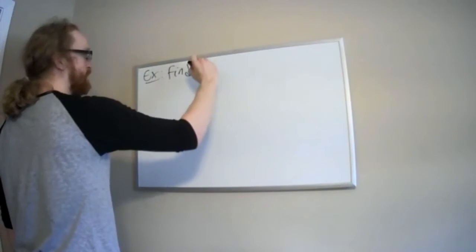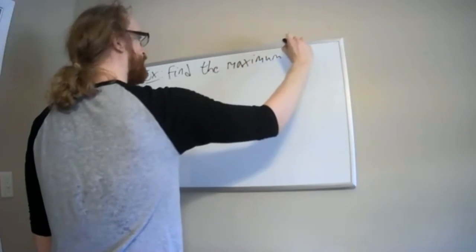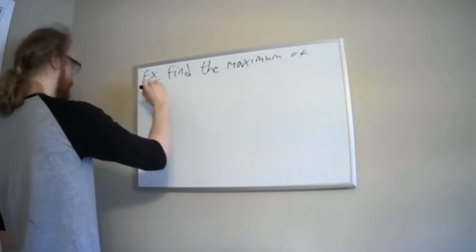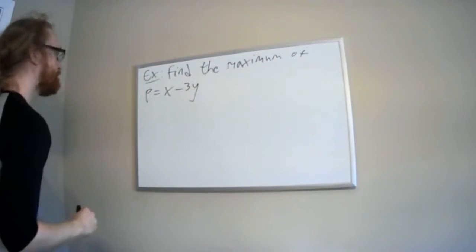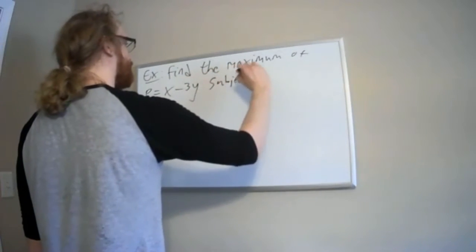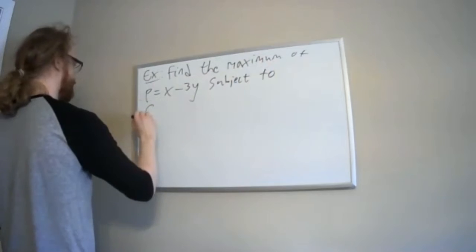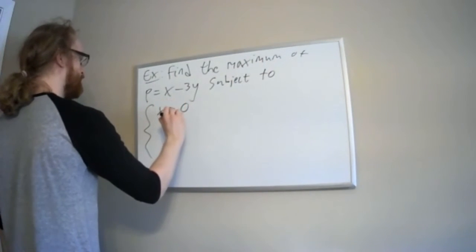We're going to find the maximum this time. Let's find the maximum of P equals x minus 3y, let's say. And we're going to subject it to the following constraints. This will be more in the flavor of a lot of these later programming problems.